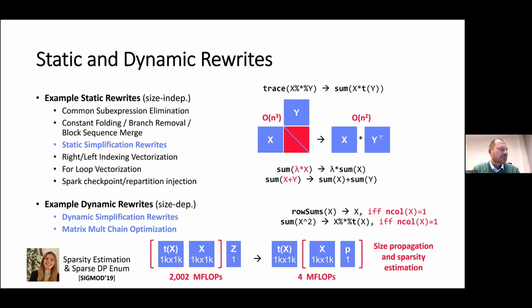So in this context, we also did work on better and more cost-effective sparsity estimation and how we can propagate those sketches through entire DAGs of operations. And then prototypically, not implemented in our system yet, we essentially also extended those classic textbook dynamic programming algorithms for matrix multiplication chain optimization to propagate our sketches through simultaneously.